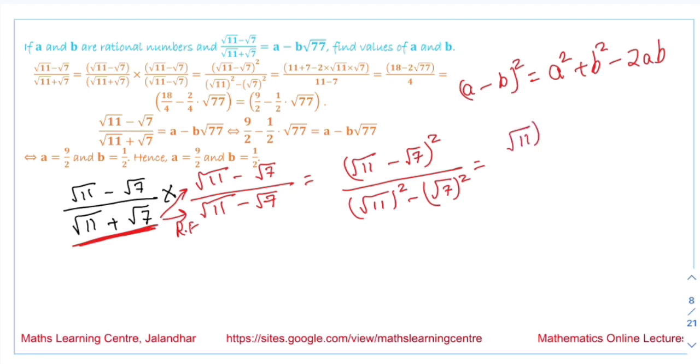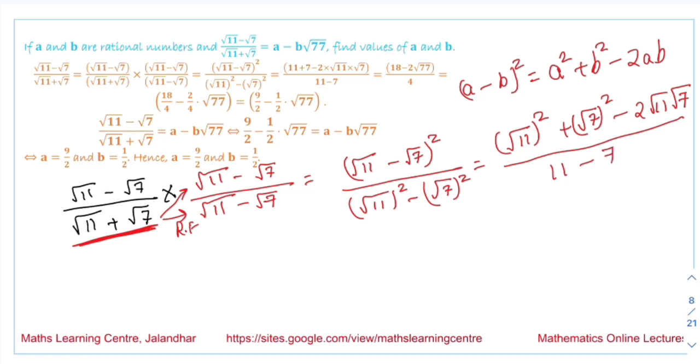So it is square root of 11 squared plus square root of 7 squared minus 2 times square root of 11 into square root of 7, over 11 minus 7. On solving these values, the answer you will get is (18 minus 2 root 77) over 4.